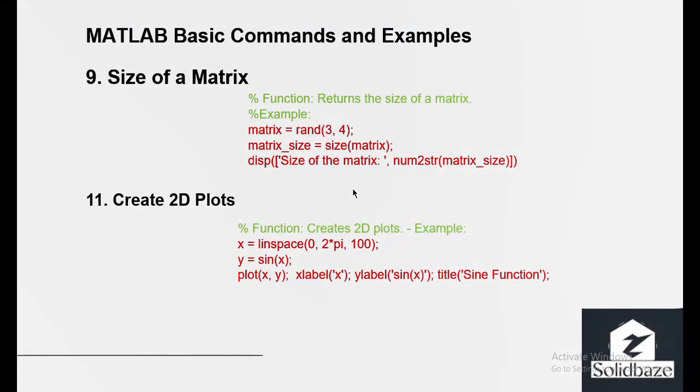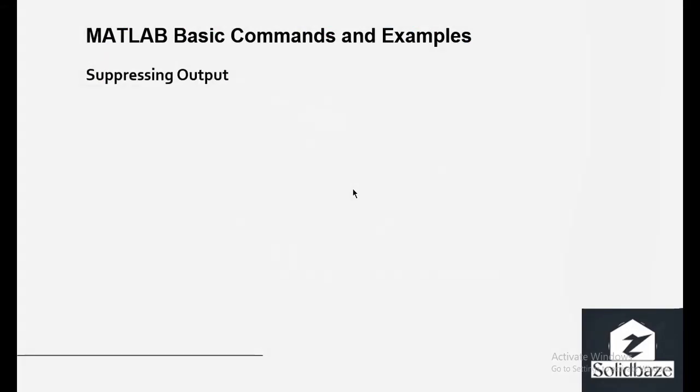So we move next to suppressing output. Now you might have noticed that I've been using a particular command, which is the semicolon. Semicolon is very important when we want to suppress a command in Matlab, so that it will make our work neat and clean.